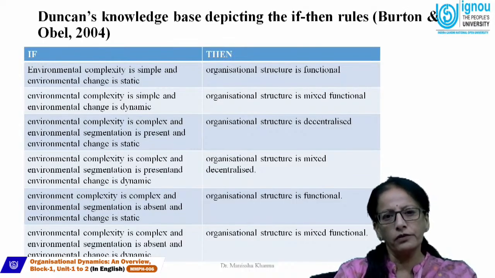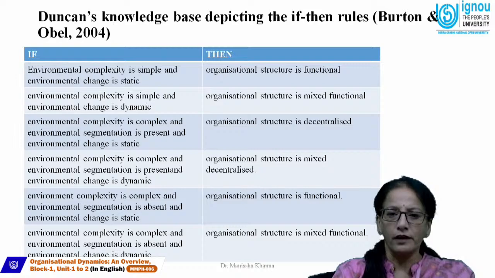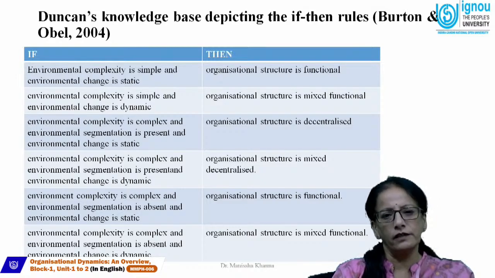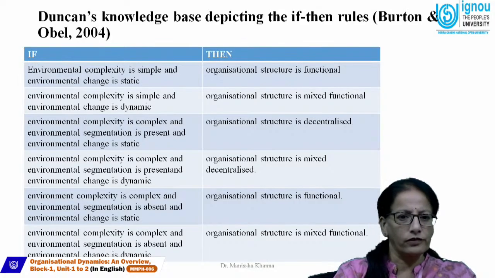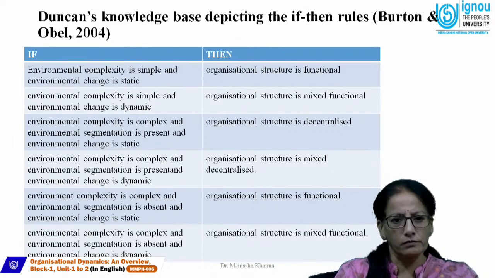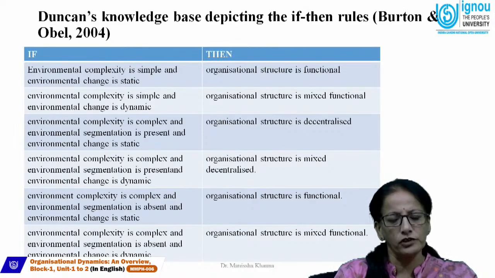For example, if the environmental complexity is simple and environmental change is stable, then the organization structure is functional. If we see further down the table, for example, if the environmental complexity is complex and environmental segmentation is present and environmental change is dynamic, then the organization structure is mixed decentralized.